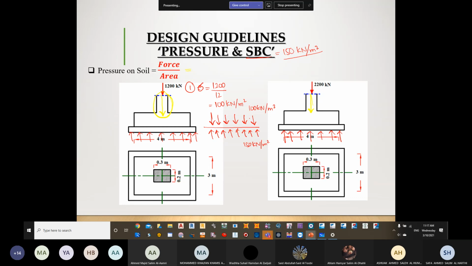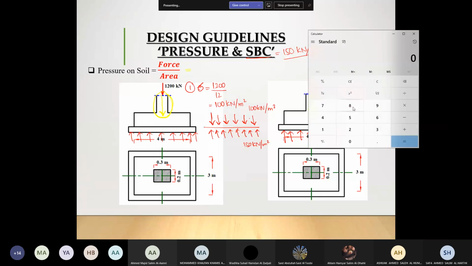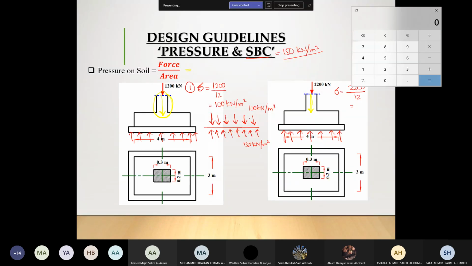Okay. Now what about case number 2? Case number 2 is 2,200. My area as well is 12. Now, if we go and calculate, you will see that 2,200 divided by 12 will give you 183.3 kilonewton per meter square.